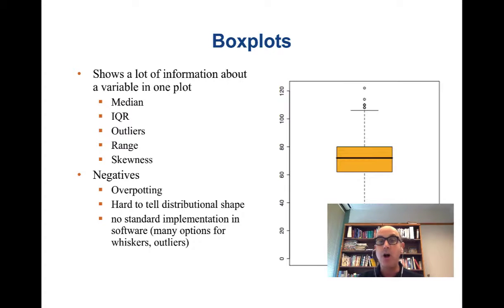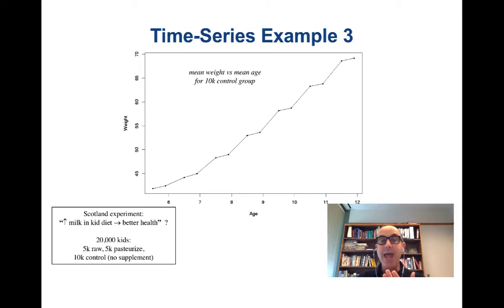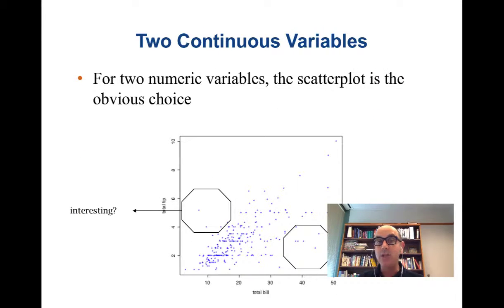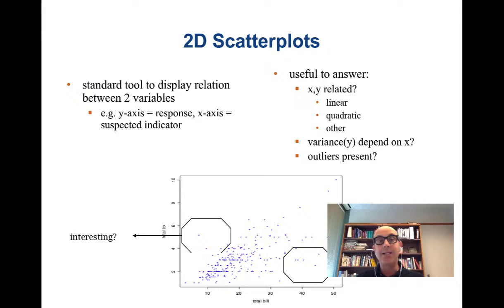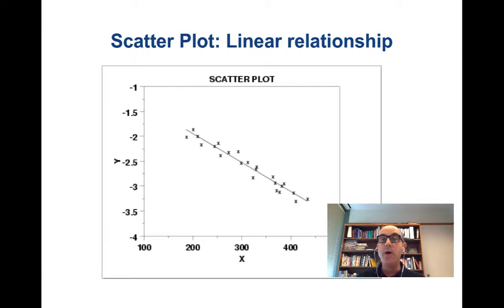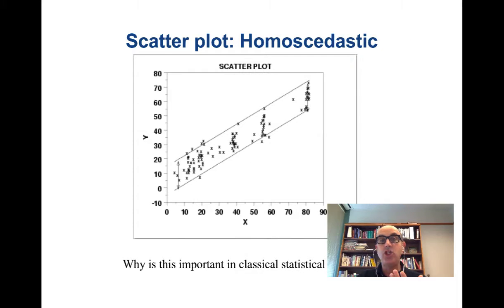And again, box plot, I can do that. Time series, I can do it. And again, you will get a lot of examples from me on how to apply this: for example, continuous variables, how to do scatter plots with that, how to show no relationship, a linear relationship, and other types of relationships.